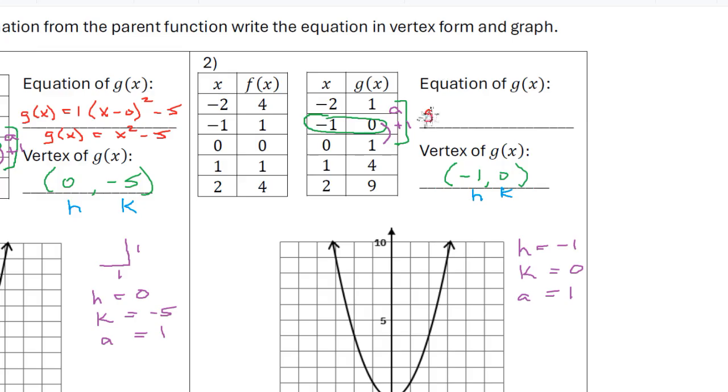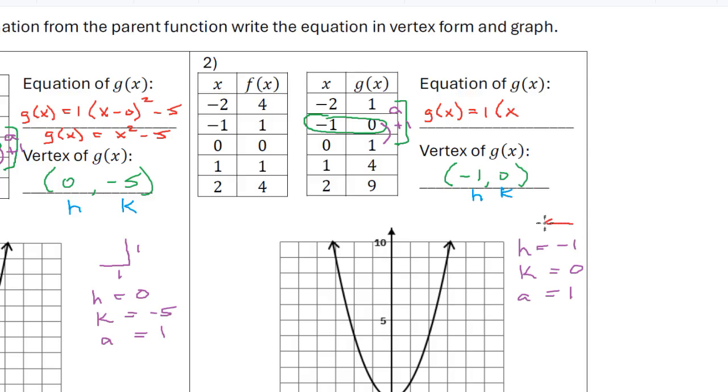g of x equals a times (x plus 1) squared. Now we always switch the sign because the -1 tells us we are moving to the left.